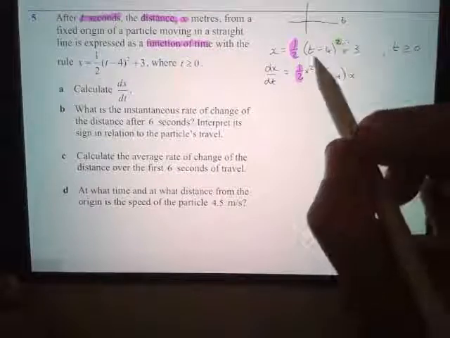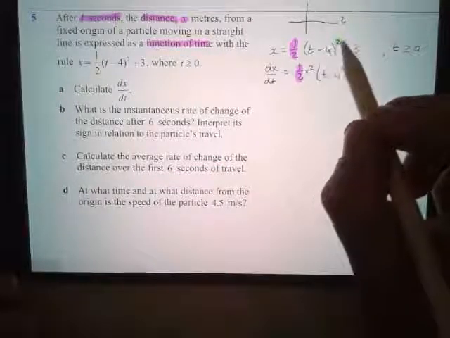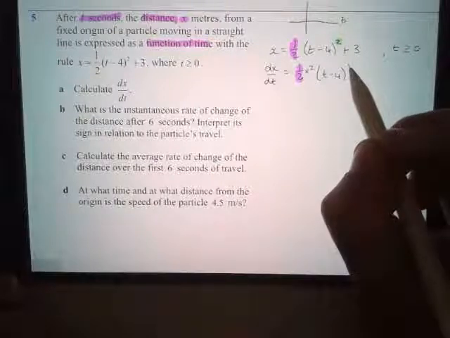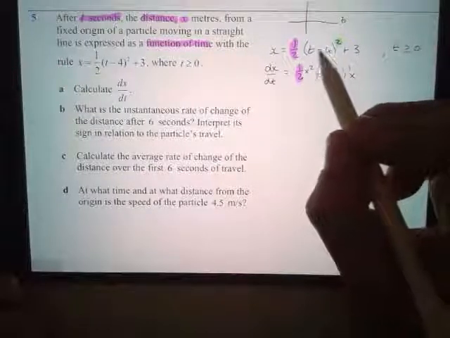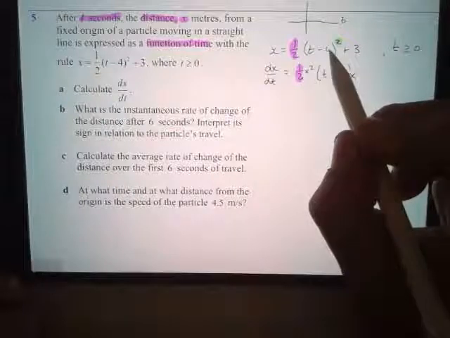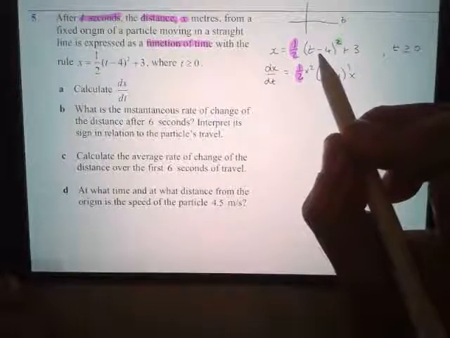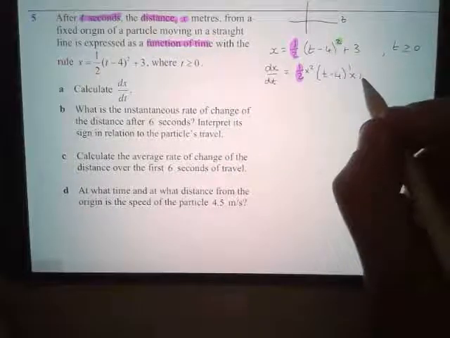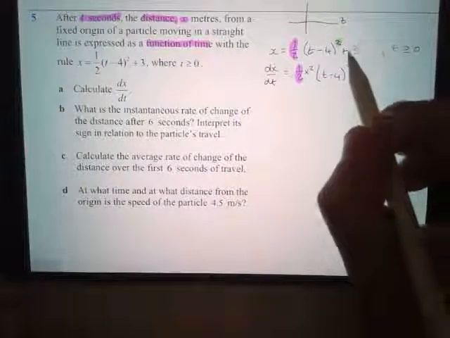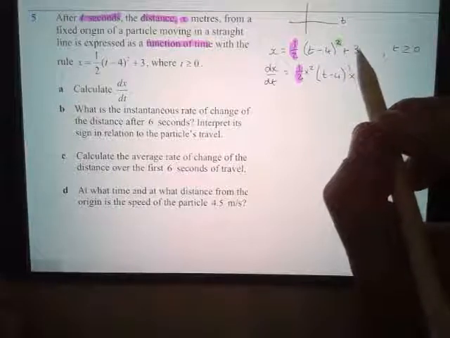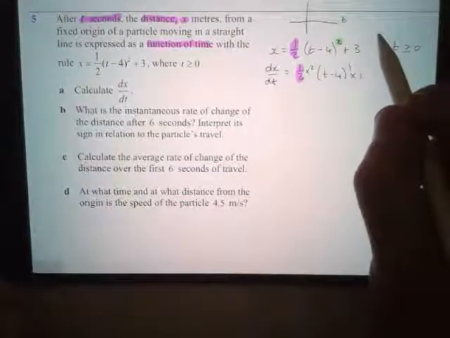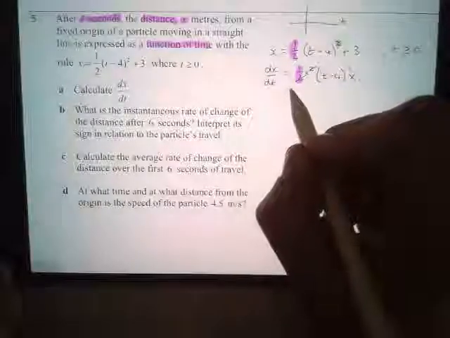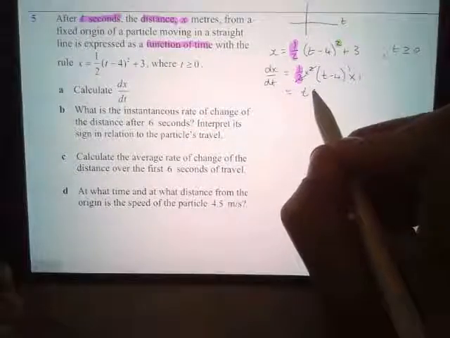The derivative of t minus 4 is 1, since the derivative of t is 1 and the derivative of minus 4 is 0, so it's just times 1. The derivative of plus 3, a constant, falls away. This 2 cancels with that 2, so dx dt is t minus 4.